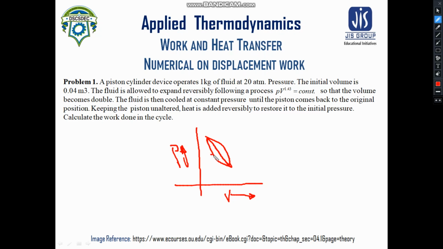If you consider this curve, C, B and A, you can easily understand that depending on these three different paths, the net work done will change, because the areas under these three different curves are obviously different. It is quite evident that the area under C is much less than the area under B, and consequently the area under A. So the work done by the path C will be obviously less compared to B and A. So work done is always a path function.